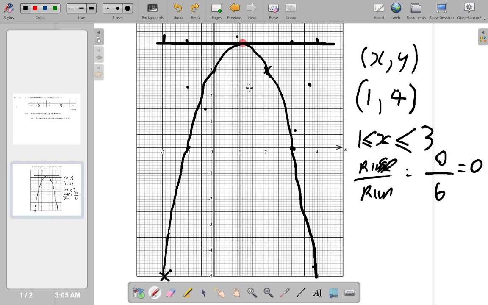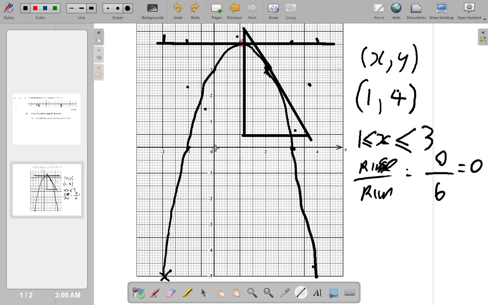If they had asked what is the gradient when x is 2, it would be right at this point. You would place your ruler so that you can draw a straight line, not horizontal, to this point, and you take your rise over run from a right-angle triangle and use the values on the graph to determine your rise over run.